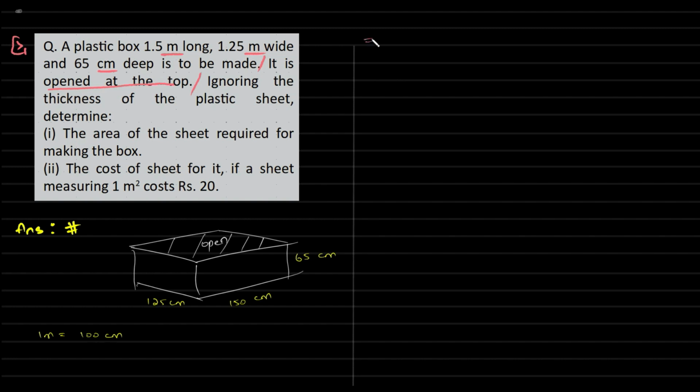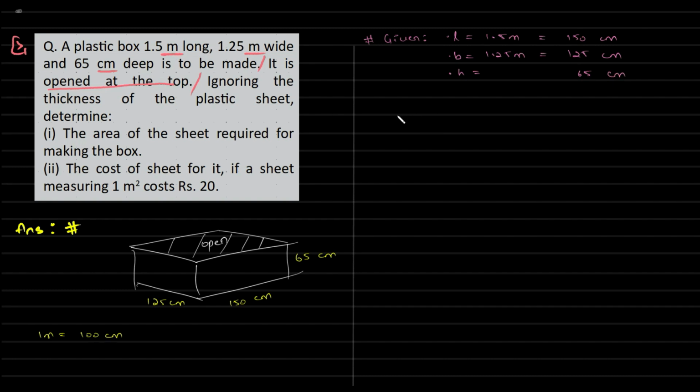So next is we need to list what is given. So we have the dimensions. So this is 1.5 meter, which is 150 centimeter. Breadth is 1.25 meters, which is 125 centimeter. We need to show the calculation. And height, which is 65 centimeter.